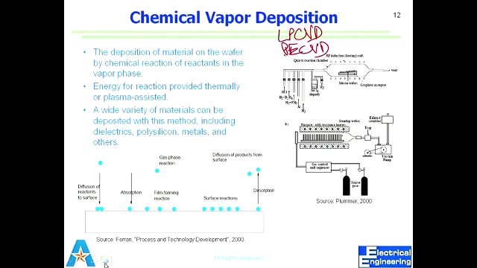So if we do polysilicon deposition in a tube, we use it for polysilicon, always. If I do it for nitride, we do it for nitride almost always. So many different types of materials can be deposited using different recipes. Like we had recipes for etch, we have recipes for CVD.